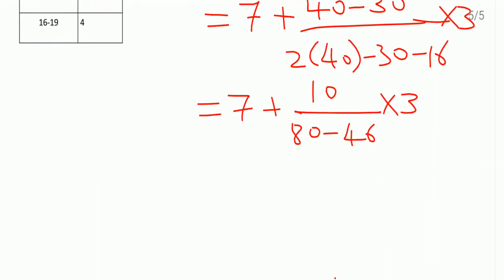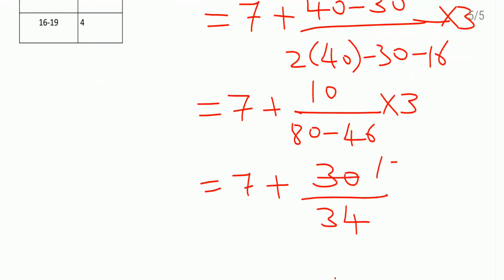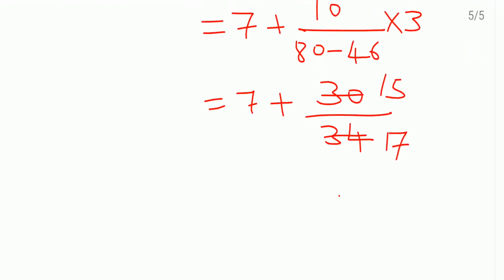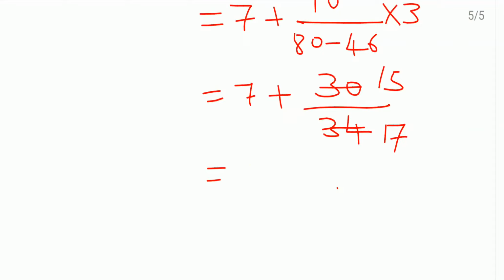So here 7 as it is plus 30 divided by 34. So here 15 and here 17, correct? I divided by 2. So it comes as 7 plus 15 by 17.